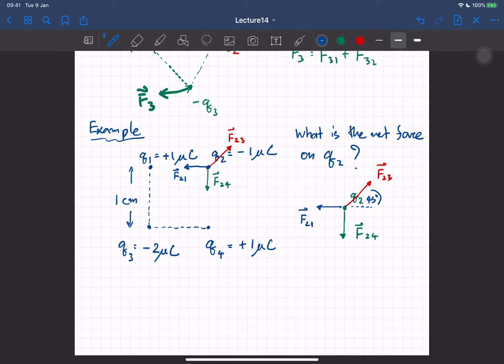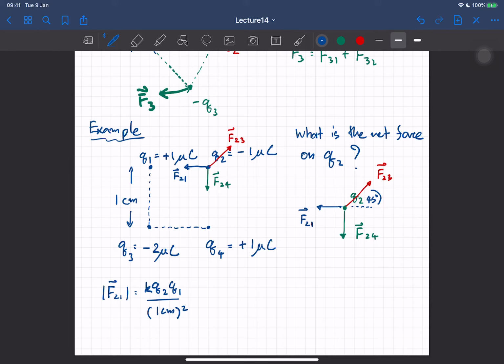And I also hope that it's clear to you that F21 and F24 have the same magnitude. Is it clear or not? Well, the magnitude of F21 is equal to K Q2 Q1 divided by the distance square, which is 1 centimeter square.